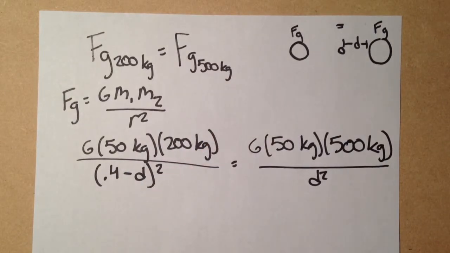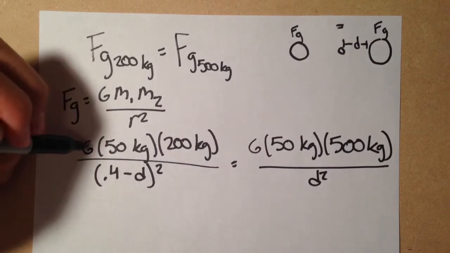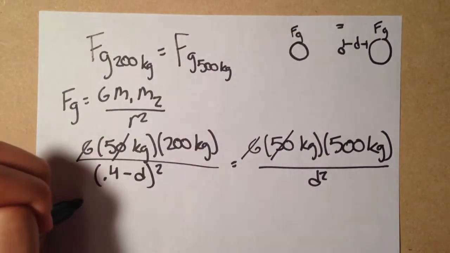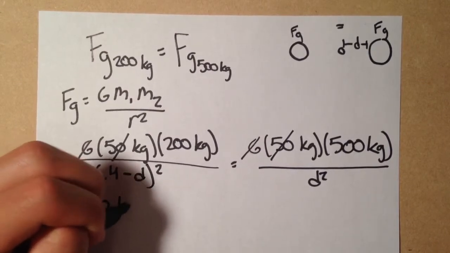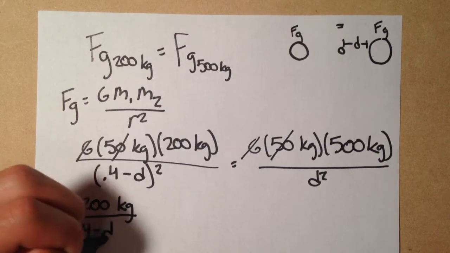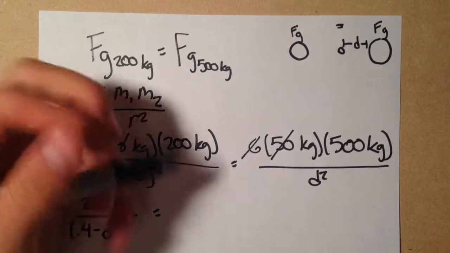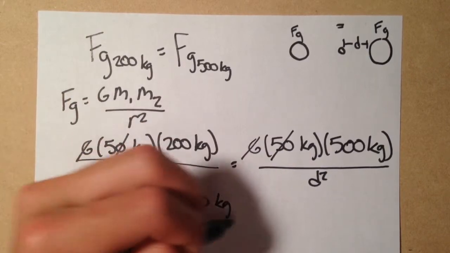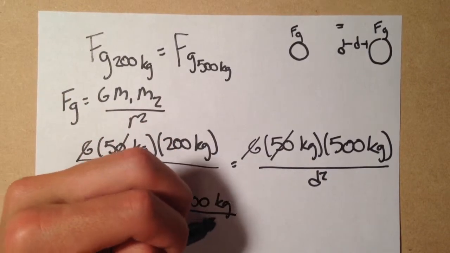So now we can cancel some stuff out, the G's and the 50 kilograms, and that leaves us with 200 kilograms over (0.4 minus d) squared equal to 500 kilograms over d squared.